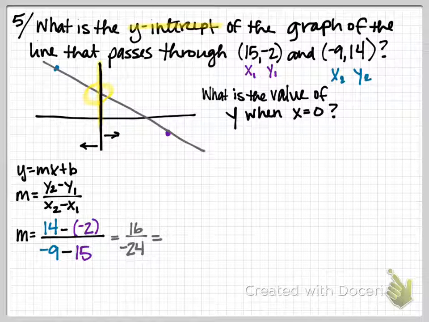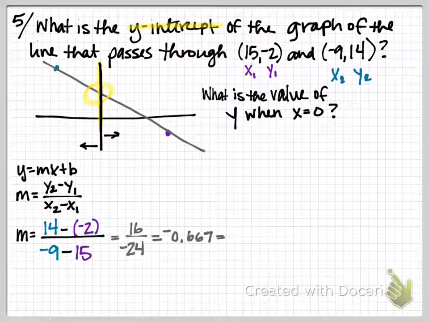So if you do this in your calculator, you should get 0.66 repeating, so 667, which is the same as, still negative, -2/3. So this is your slope.